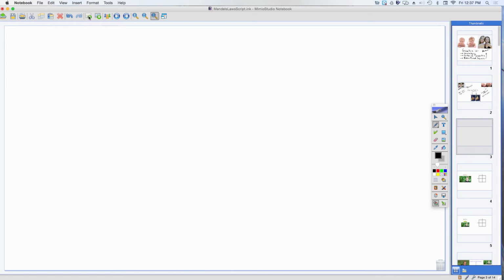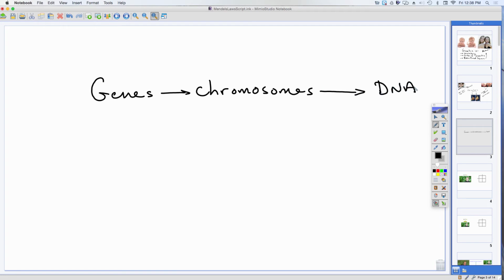So we talk about genes, which are located on chromosomes, which are made up of DNA. And if you have had me in class, you know that I like to draw a graphic that looks something like this.